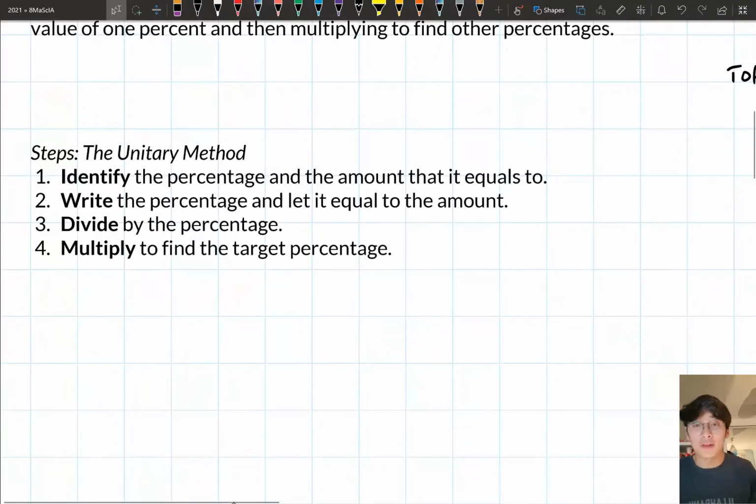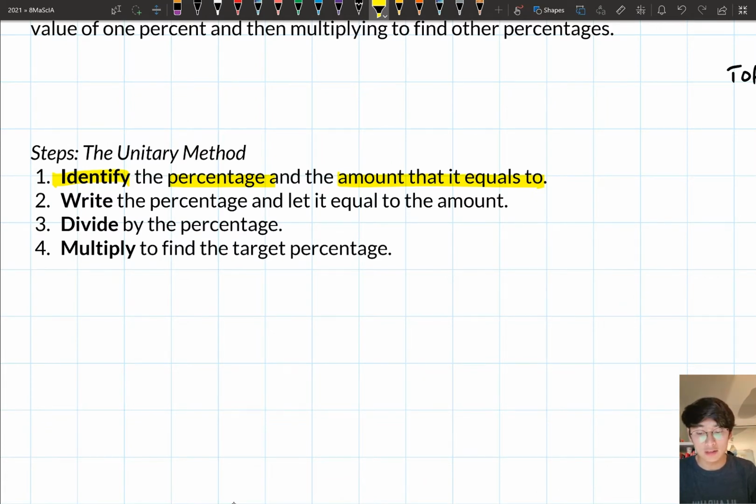So the unitary method has 4 steps I've written down here. These are my 4 steps that I think of when I'm using the unitary method. First of all, identify the percentage and the amount it's equal to. So in the question, you just want to read through and find those 2 pieces of information.